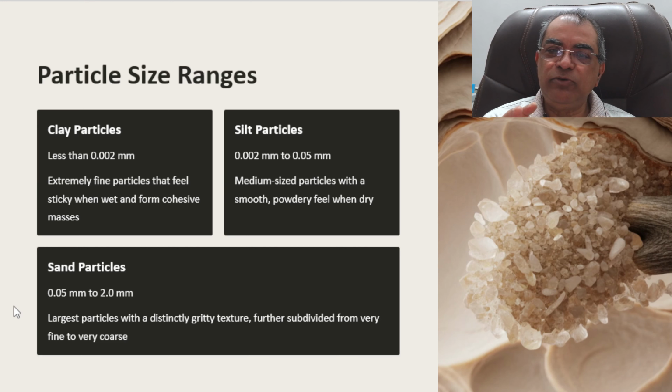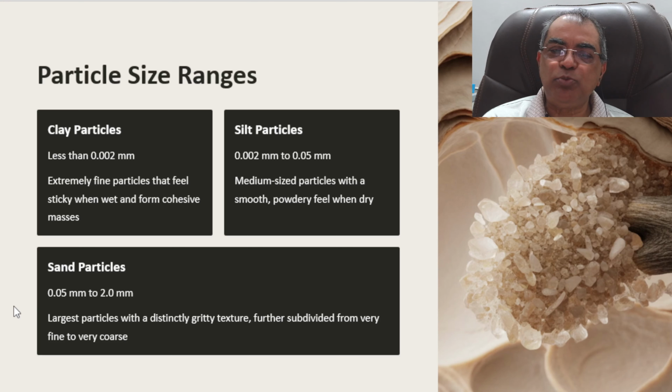What is the difference? Clay particles are less than 0.002 mm in diameter, extremely fine particles that feel sticky when wet and form a cohesive mass. Silt particles are 0.002 mm to 0.05 mm, medium sized particles with a smooth powdery feel when dry.